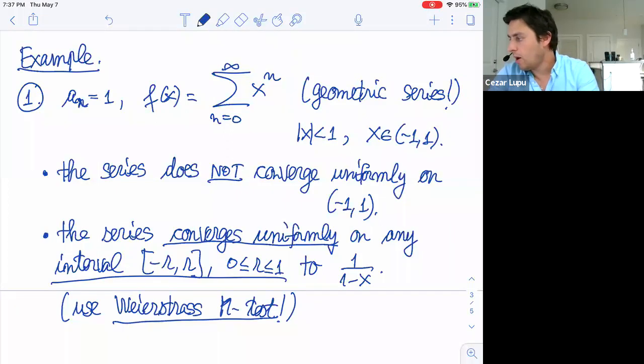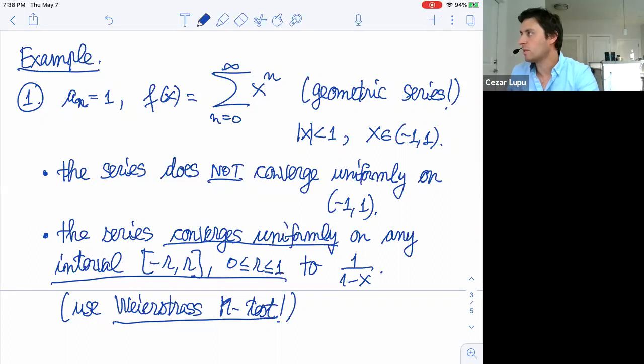Now I'm going to give you the exact theorem. Before, I wanted to start with some applications to build some intuition, but I would rather give you the exact theorem. When do we have convergence?